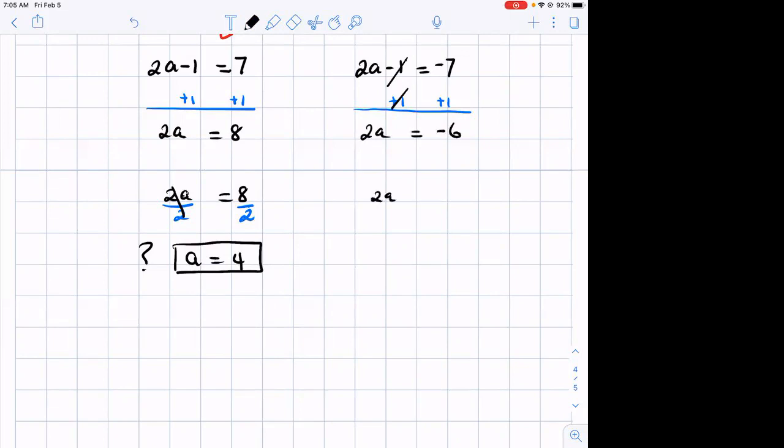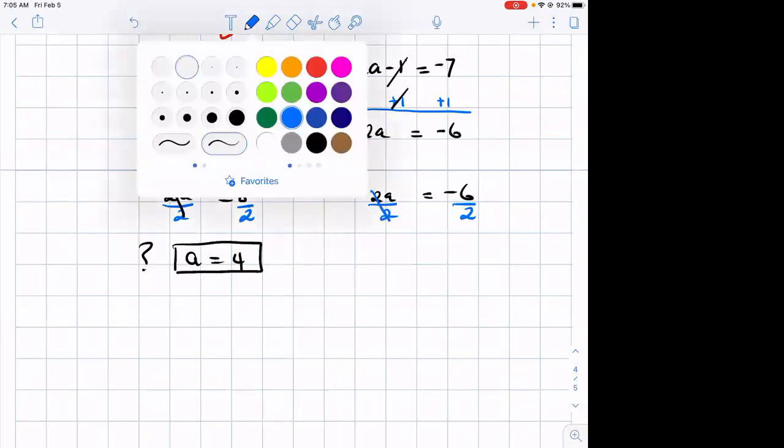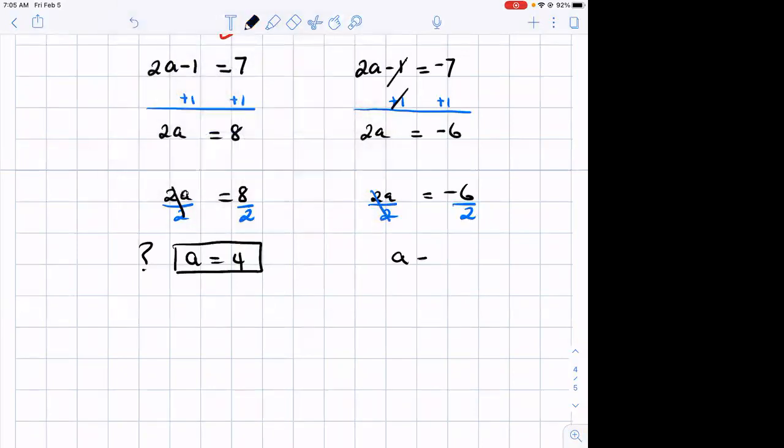And then you divide both sides by positive 2. These will cancel, so you have a is equal to -3. And this is possibly an answer too. Now, you're not done. Very important. Not finished.